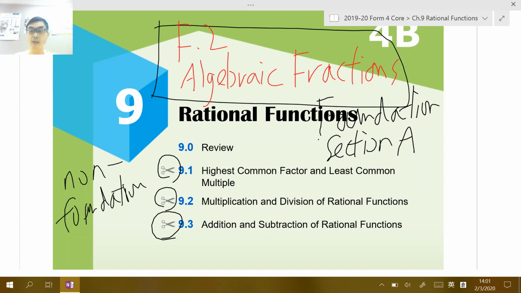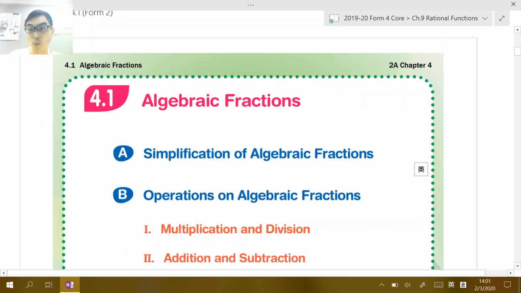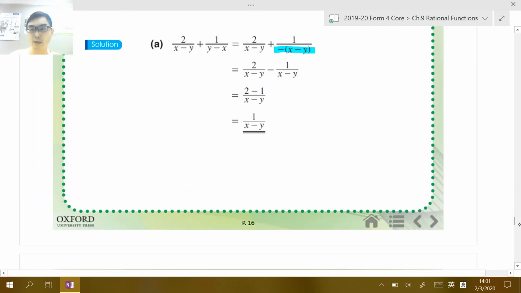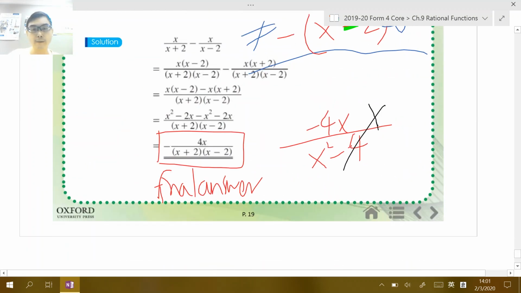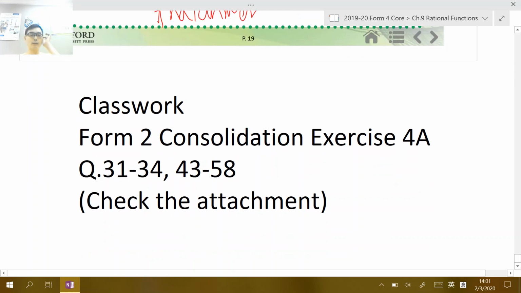Keep in mind, I think you should have no problem because you have learned this before. So today's classwork is also something you may have done before in Form 2, but to practice once again, I will give you the Form 2 Consolidation Exercise 4A, Questions 31 to 34 and 43 to 58. They are altogether 20 short questions.